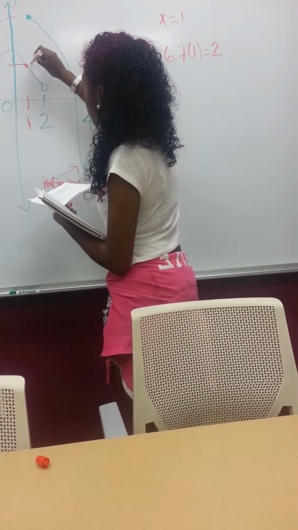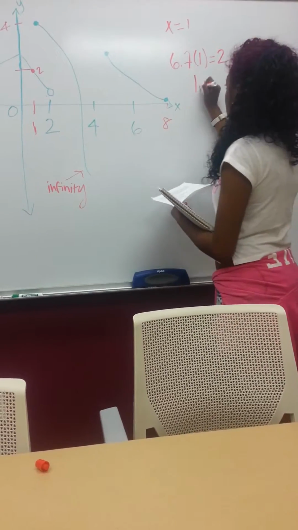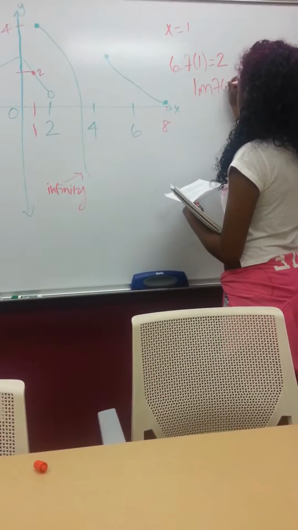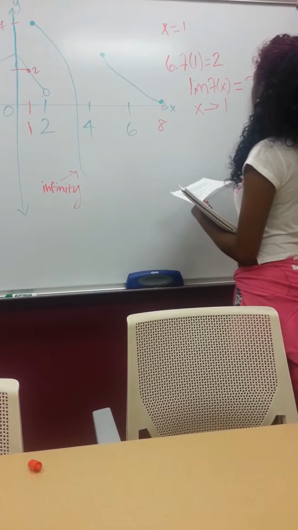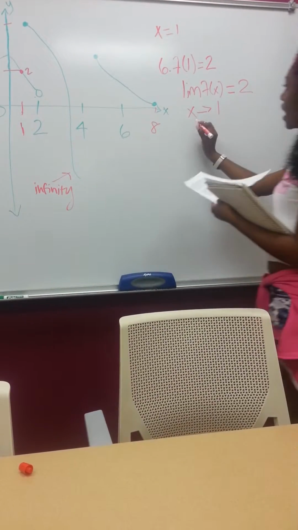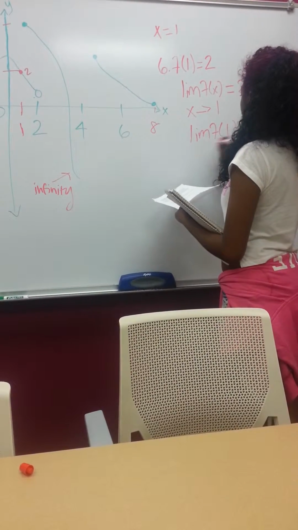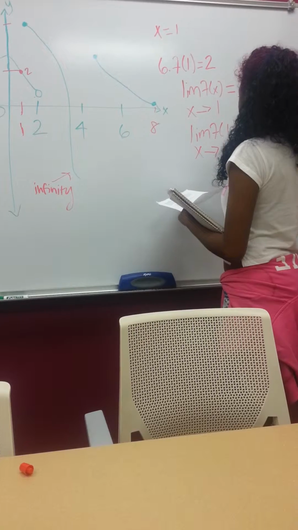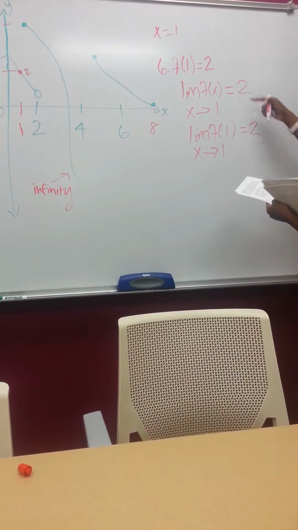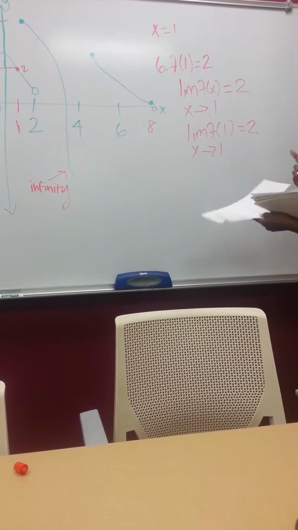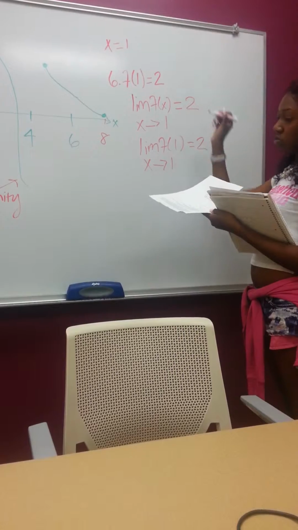We're going to say this is 2. Second is the limit of f of x as x approaches 1 equals 2. And we have the limit of f of x as x approaches 1 is also equal to 2. So since all three of these values are the same, we know that the function is continuous at x equals 1.